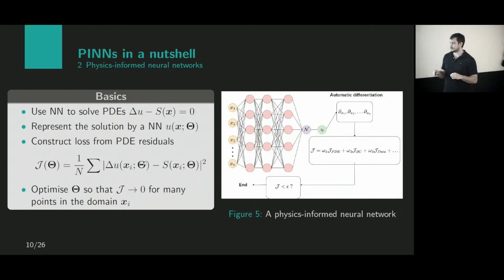So for this, you don't need any known observations or known data or having solved with some other method your problem and then try to reproduce it. You can just demand that your prediction, whatever it is, satisfies your differential equation.